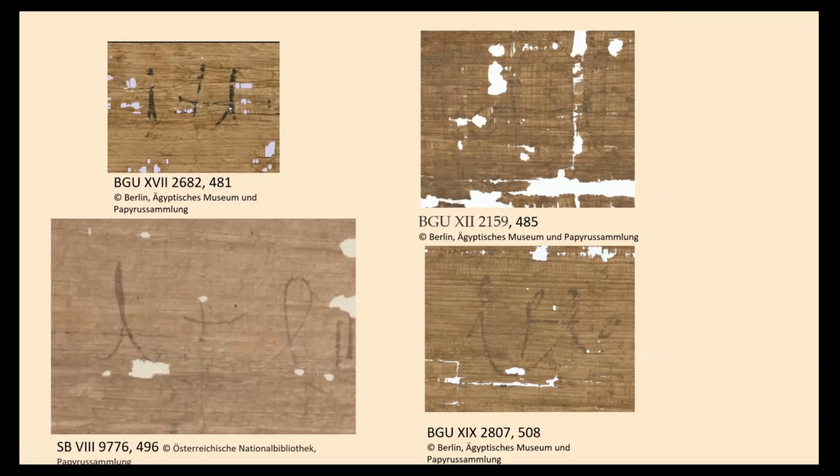We can notice also evolution of the form of M, which in this period started to be more cursive, resulting in the presence of these loops at the upper part of M.